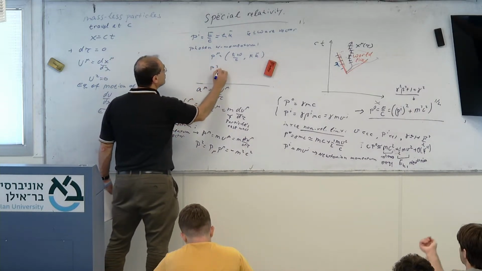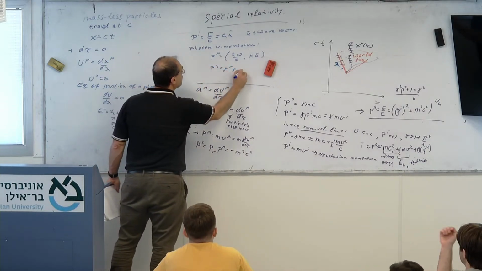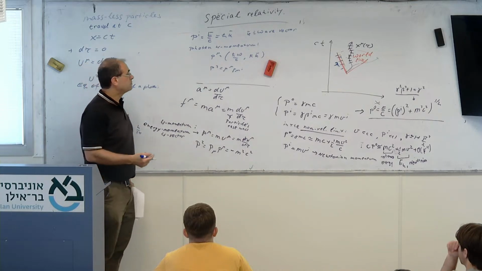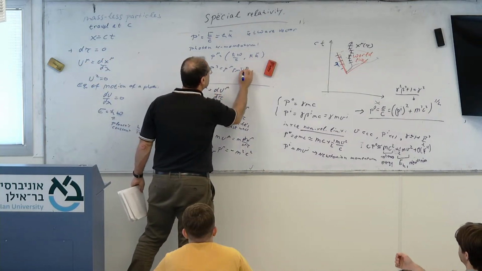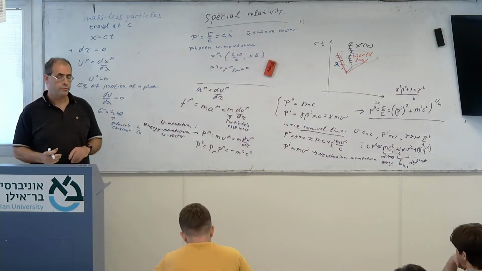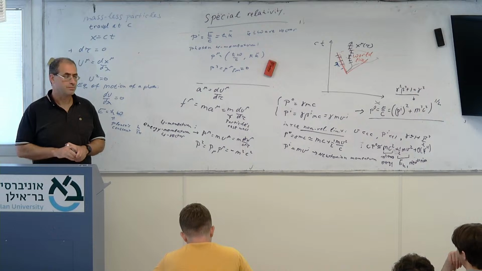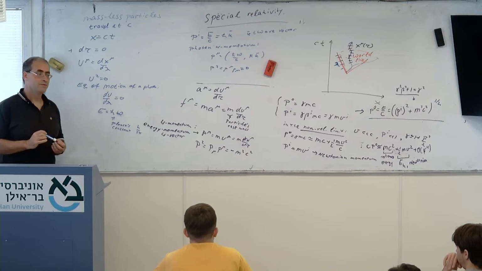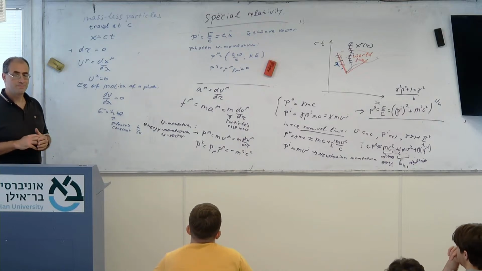And p squared, p^mu p_mu, is zero. We pretty much covered everything we learned in first year, special relativity in half an hour, I suppose. Questions?